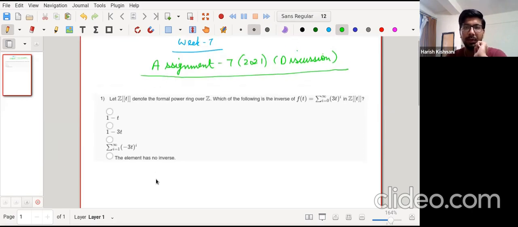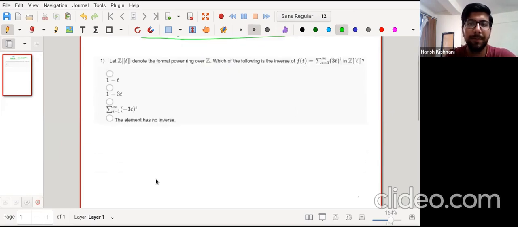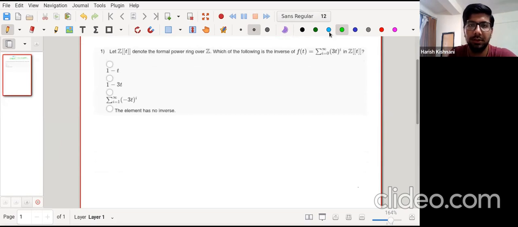So I hope the definition of the ring of formal power series is clear to you, and you know how the multiplication is defined on that ring. If yes, then you can try to solve this question. So I'm just recalling the product.